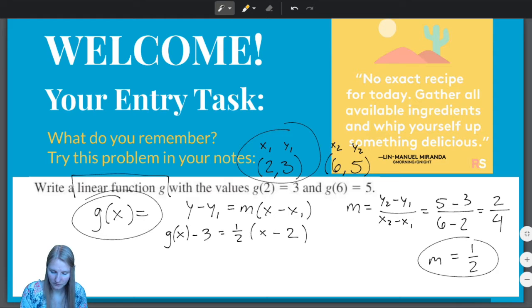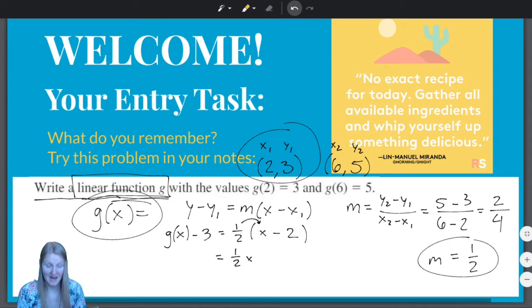So I'm going to distribute the 1/2. 1/2 times x is 1/2 x, and 1/2 times -2 is the same thing as -2 divided by 2, which is -1.